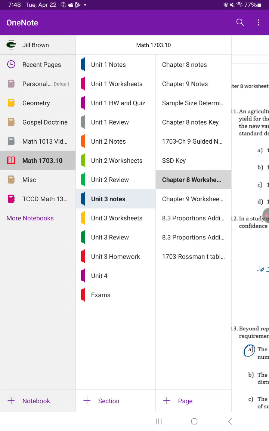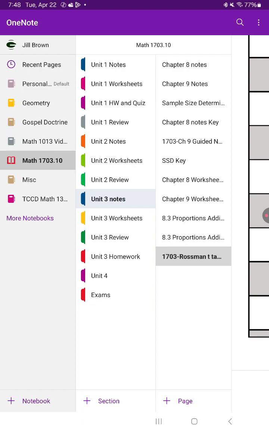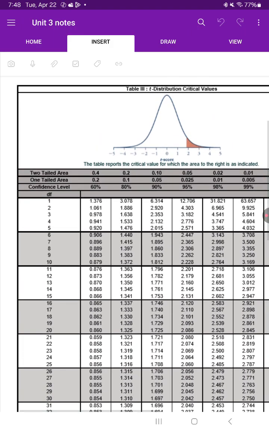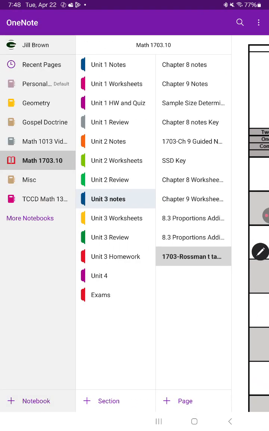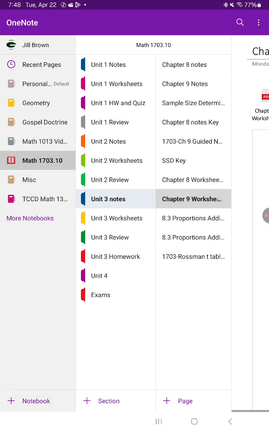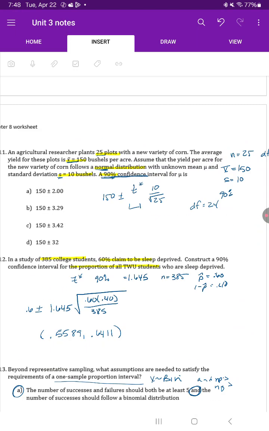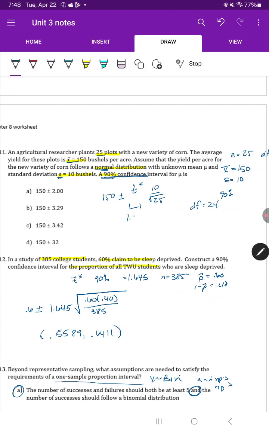Let's see if we can find our T star. So 24 degrees of freedom, 90% confident, 1.711.